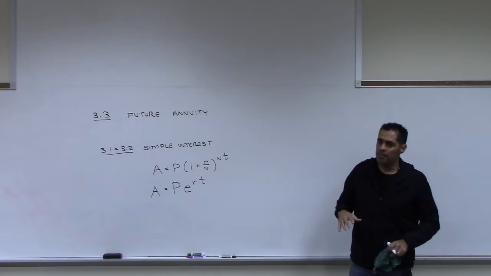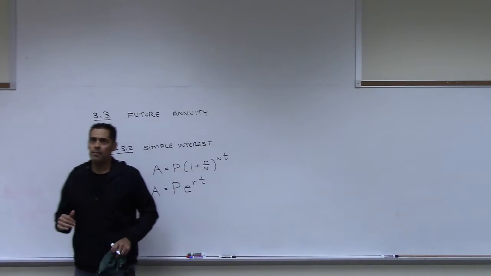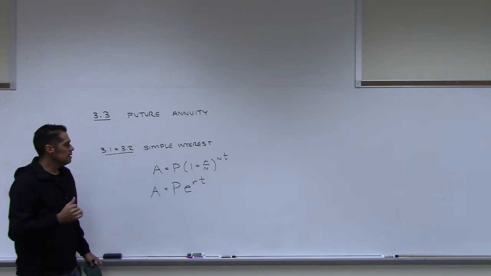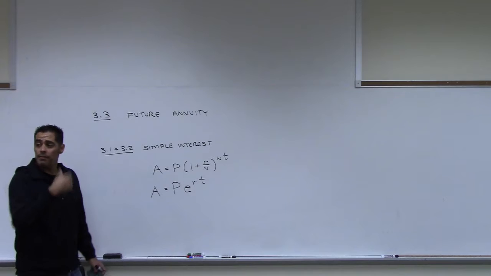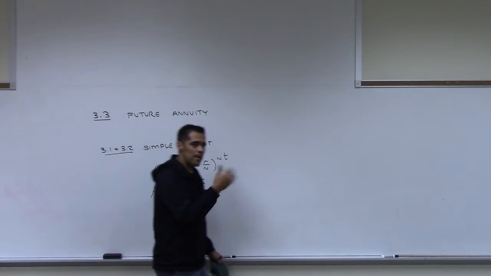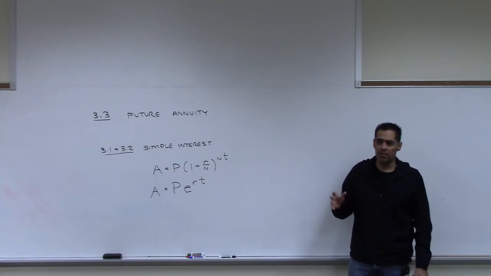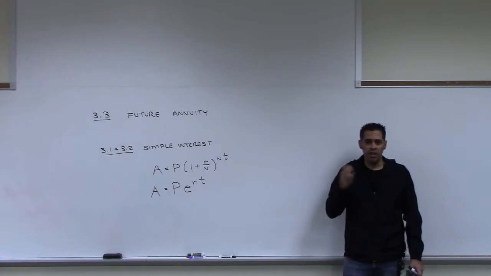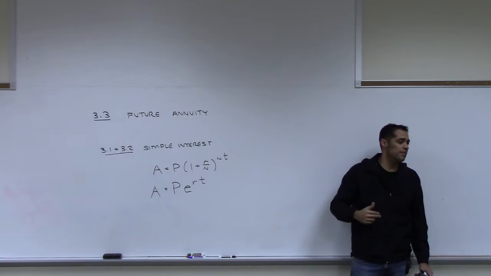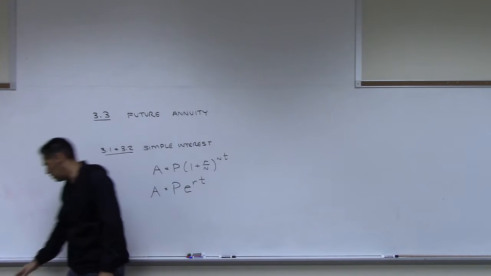But a lot of times, things don't work like that. In other words, you might put money in the bank every month. Or if you're borrowing money, you might be making payments every month. So we need a formula that's going to account for changes that occur on a regular basis. And that's where the idea of a future annuity comes in.